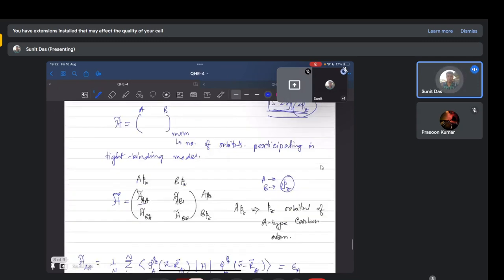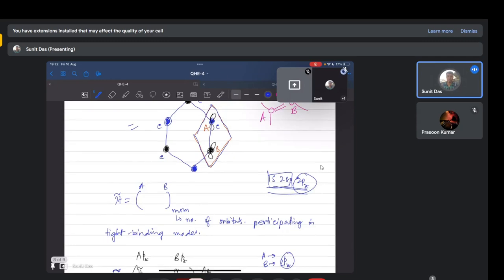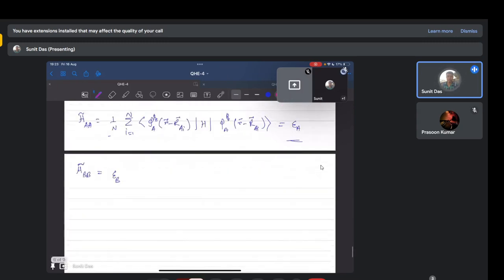So this epsilon A represents the energy of this place itself. The electron has not yet moved from this atom to this atom. HAA tilde doesn't represent the hopping. It is simply saying what my energy is at the A type carbon atom itself. So this is one site energy. That's why we call it on-site energy, which is epsilon A and epsilon B in our case.